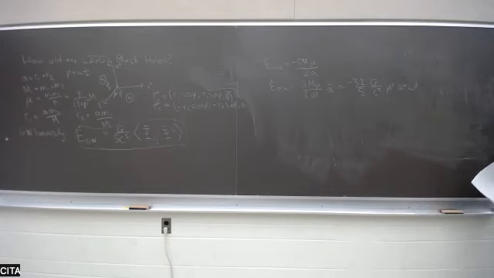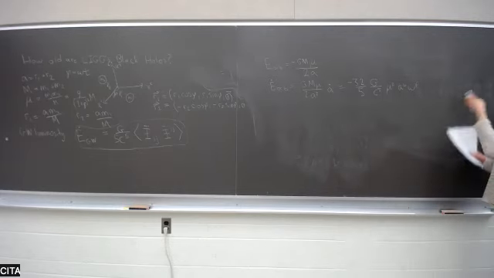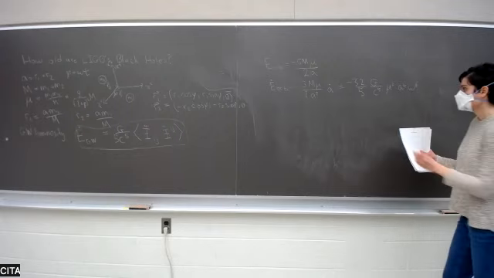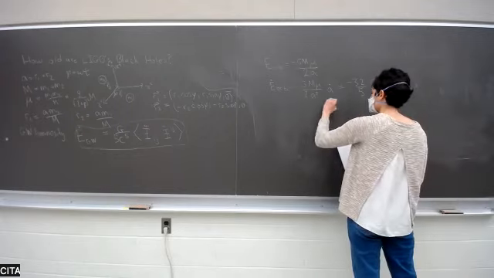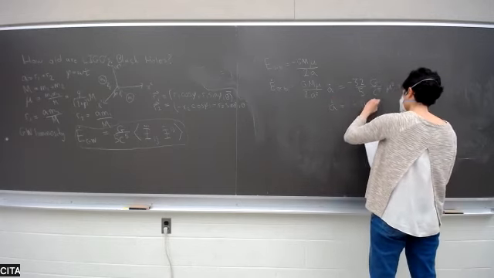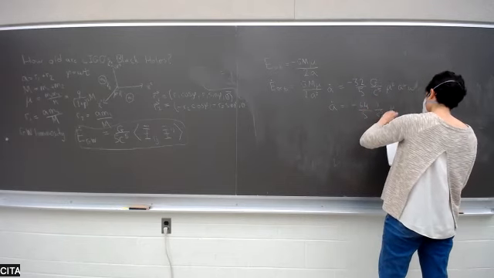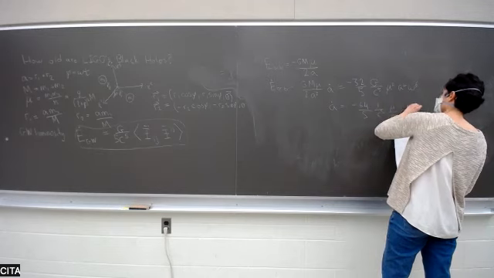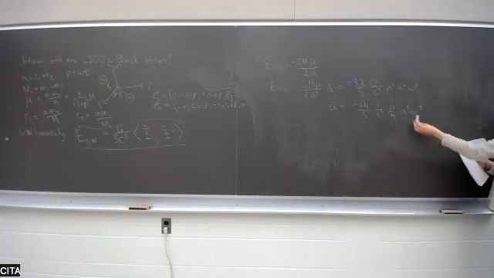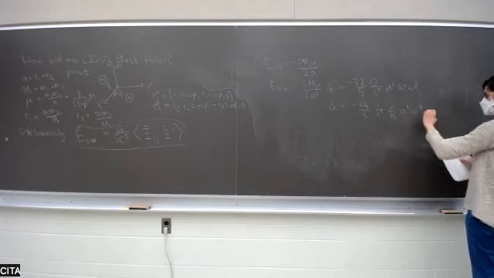Okay, so now we want to solve for A dot as a function of time. Let's just move some terms over onto this side, and we can write omega in terms of A just from Kepler's laws.